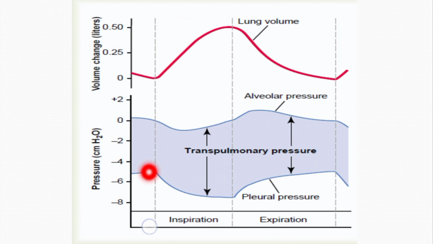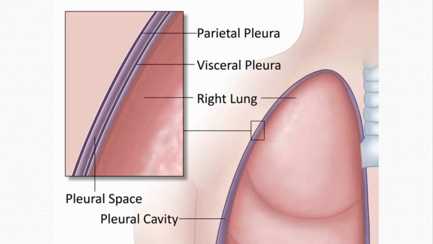We must remember that this pleural pressure is the pressure of the fluid present in the pleural space, and we know that pleural space is the space between the parietal and visceral pleura, and both of these cover the lungs.